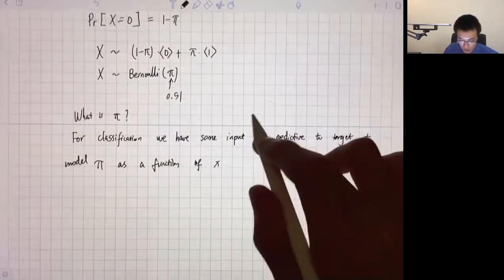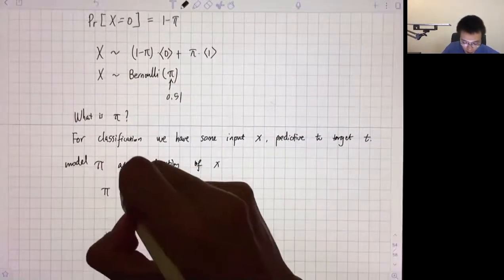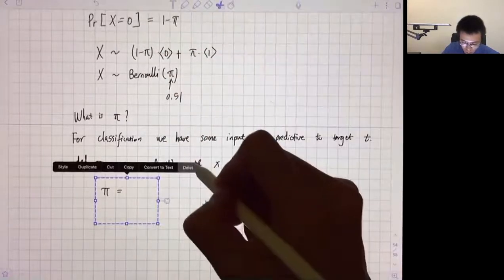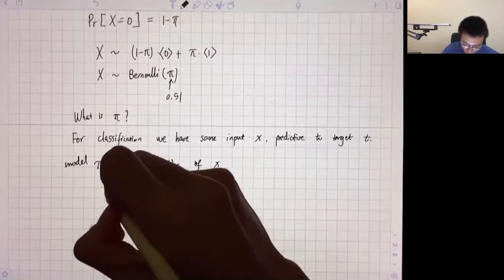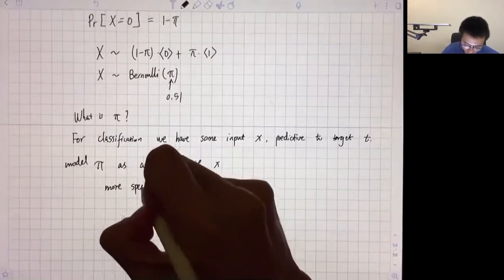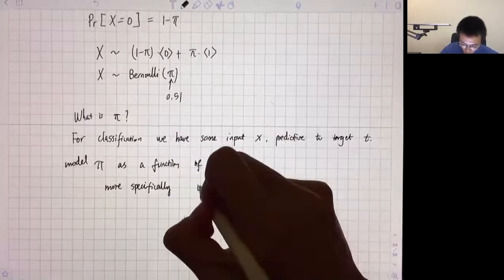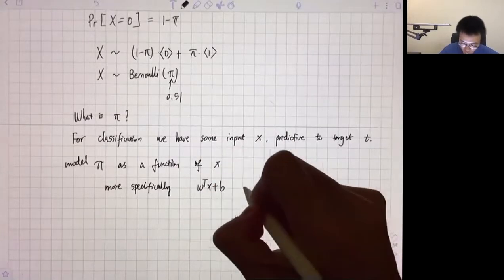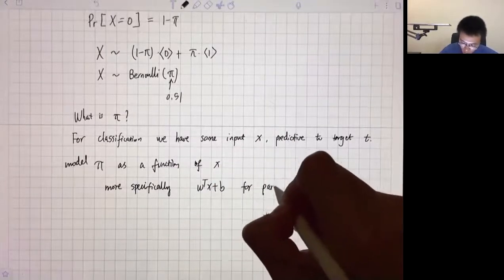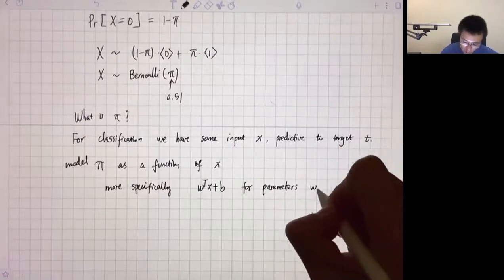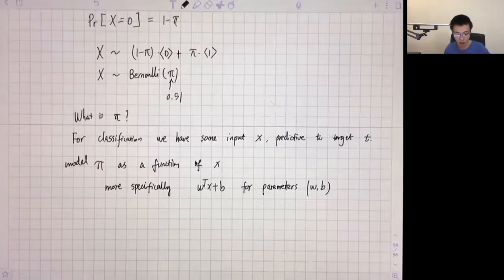So I would like to say pi is a function of W transpose X plus B, for some parameters W and B. Is that clear?